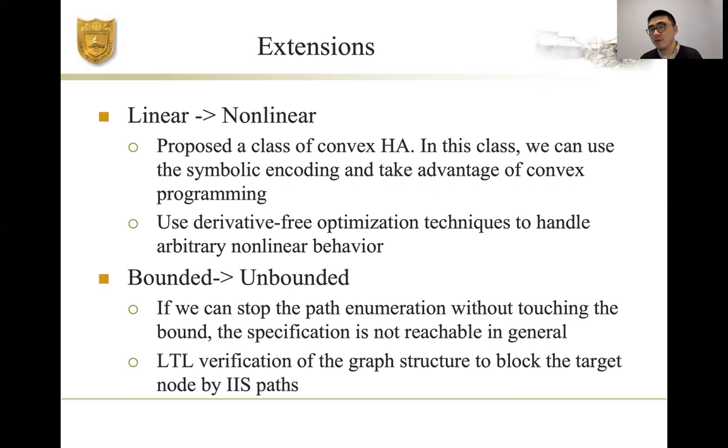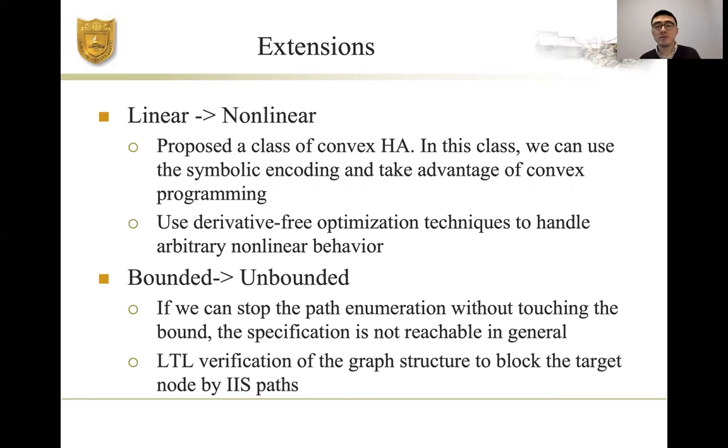It means, if you go by DFS and say the bound is 200, and you go 10 steps and find nowhere to go, you don't have to keep moving on to say the target is not reachable in only a few steps. You can say it's not reachable in general, because there are no more paths to go.